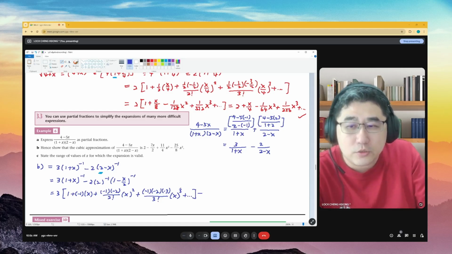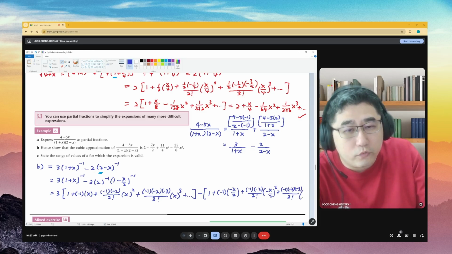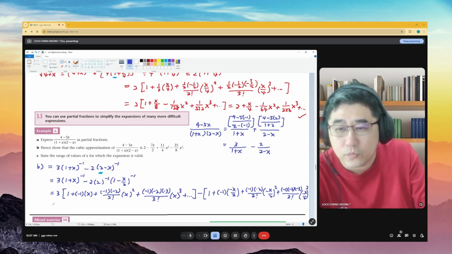Minus 2 power 1 over 2 cancels off. So I'm left with 1 plus minus 1 of negative x over 2, plus minus 1 minus 2 over 2 factorial of negative x over 2 squared, plus minus 1 minus 2 minus 3 over 3 factorial of negative x over 2 cubed.